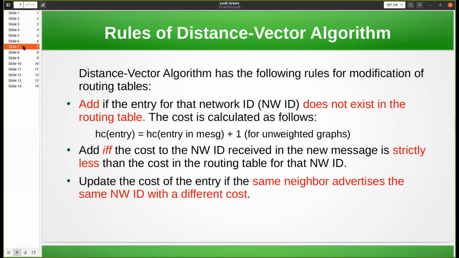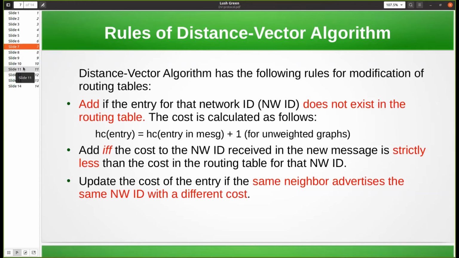but 2 slides previous? Okay. So let's look at the second rule. The second rule says, if and only if you add the entry or update the entry, if and only if the cost to the network ID that you have received now is strictly less than the cost you already have in the routing table.